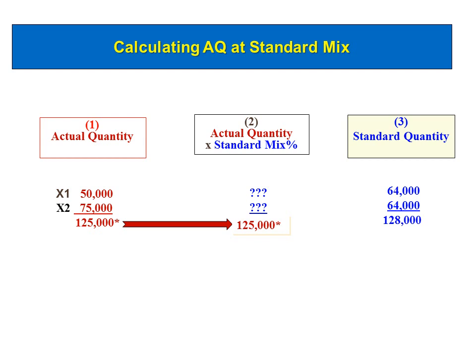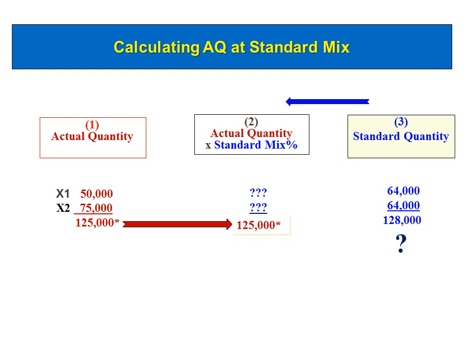And I need to recalculate the amount of X1 and X2 using the standard mix percentage. So I will depend on standard quantity here to calculate the percentage. How to calculate the percentage?